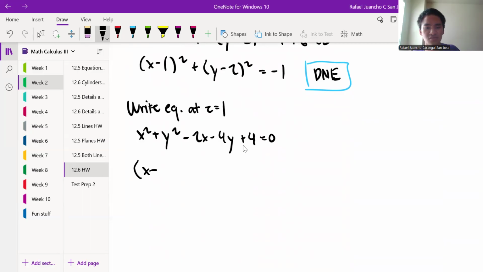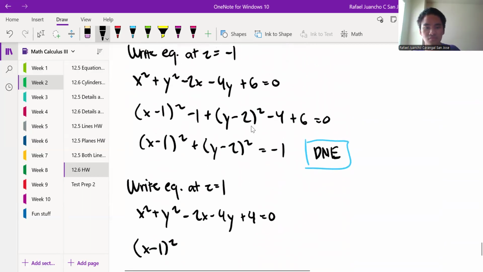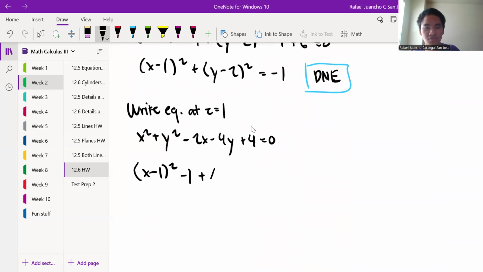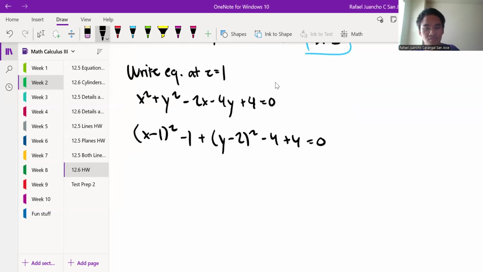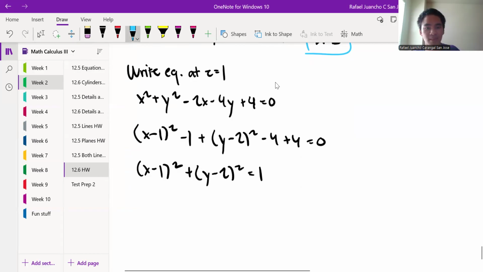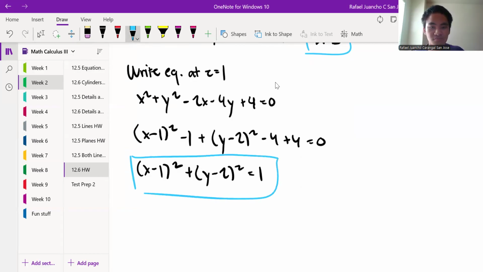Then I do complete the squares again. Minus 1, plus the y part, minus 4 plus 4. Oh, would you look at that? That's x minus 1 squared plus y minus 2 squared equals 1. This is possible. It's a unit circle with a different center, 1, 2. That's the center. Okay, I'm just typing this up.